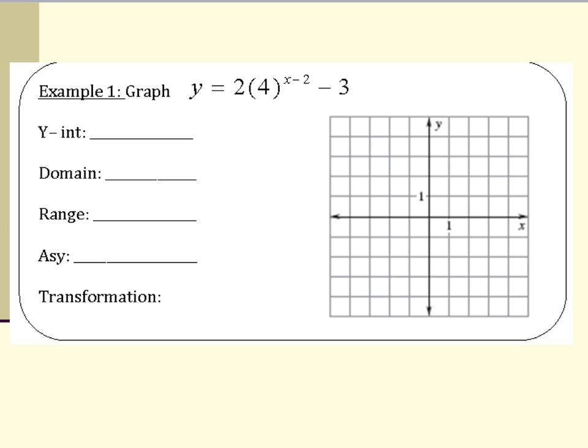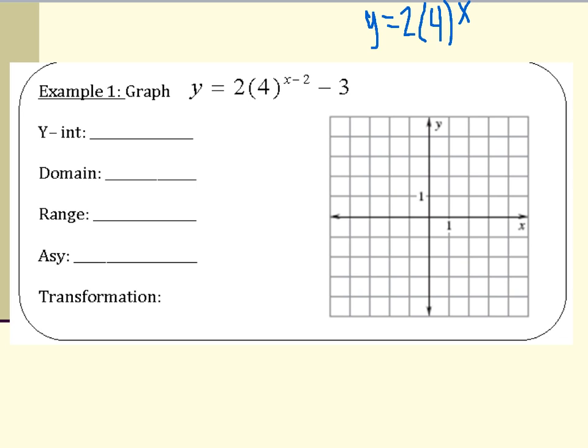So the way these, okay, let's look at this first example. And here's actually how we're going to graph them. We're going to graph just the basic function, y equals 2 times 4 to the x. So we're going to graph that one first, and then we're actually going to move it.